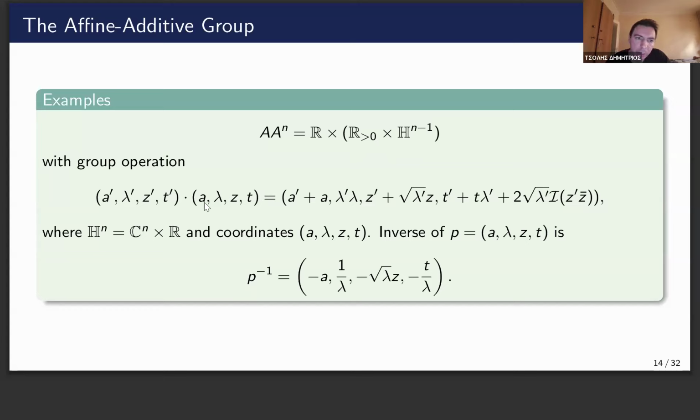First we sum, and then we multiply, and then we have this weird product here. We can also see that the inverse of this Lie group is this. And what's very interesting about this is that when n equals 1, this is just the hyperbolic plane. So in this case, we just have R times the hyperbolic plane, which is one of Thurston's 8 geometries.